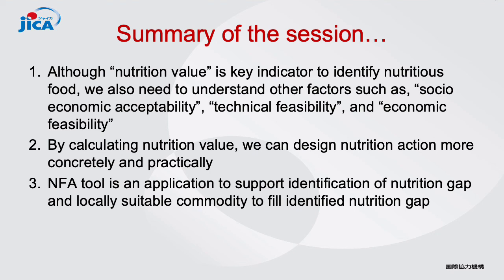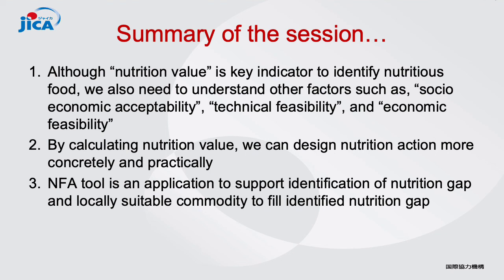Summary of the session. Nutrition value is always the primary criteria to identify nutrition-dense food. But we also need to consider other factors such as socio-economic acceptability, technical feasibility, and economic feasibility to introduce some commodity as nutrition-dense food.